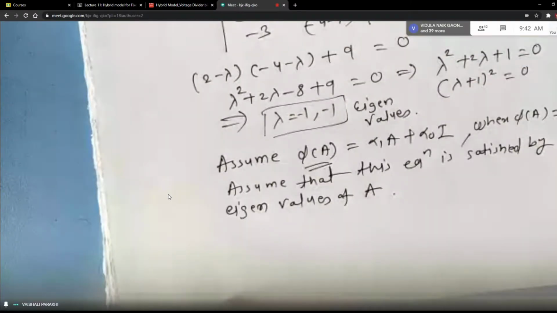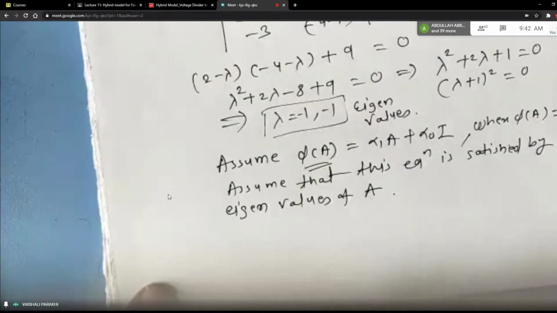Assume that this equation is satisfied by eigenvalues of matrix A.